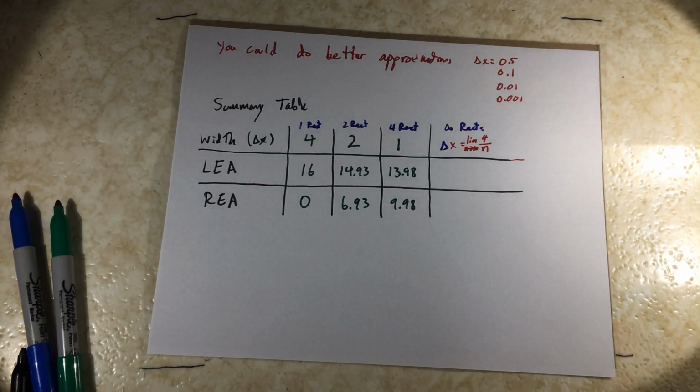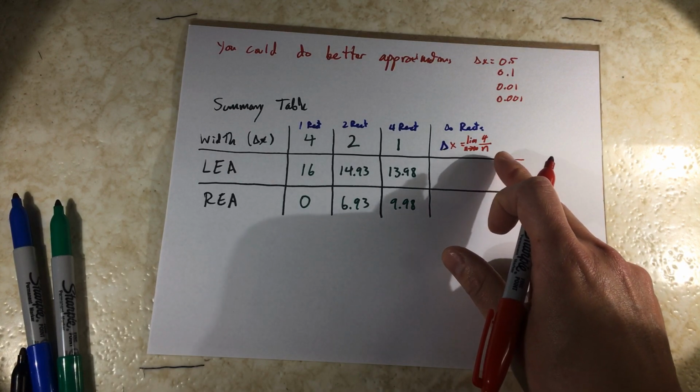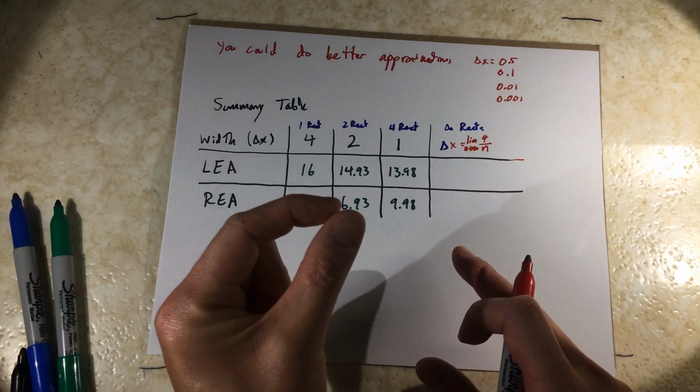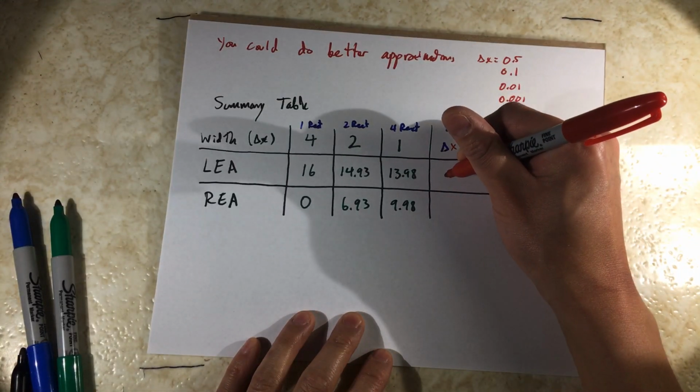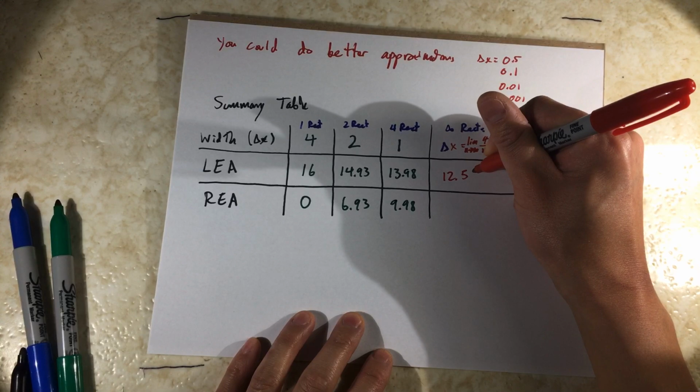So we do an infinite number of rectangles and break it up into super tiny amounts. If you were to do that, these two ends would converge toward this value, 12.56.